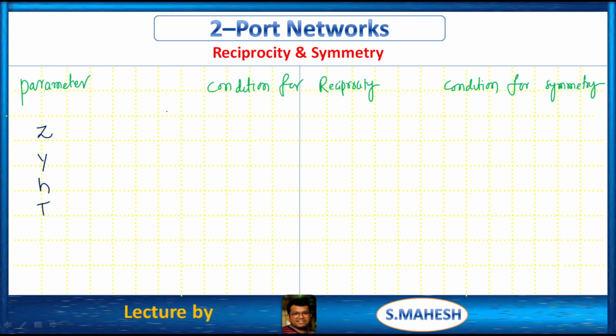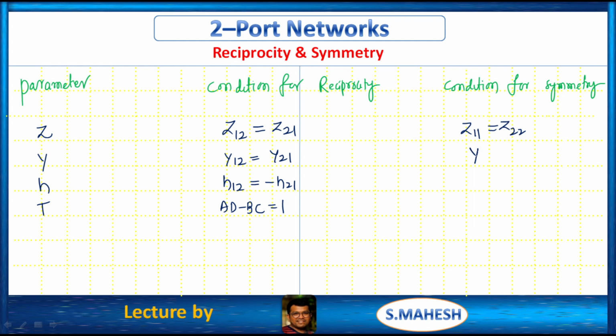For Z parameters, the condition for reciprocity is Z12 equals Z21, right? For Y parameters, Y12 equals Y21. For H parameters, H12 equals minus H21. For T parameters, AD minus BC equals 1. Next, the condition for symmetry: Z11 equals Z22, Y11 equals Y22.